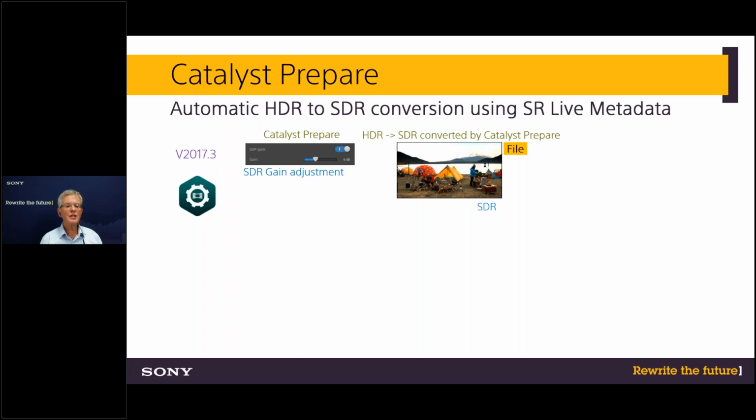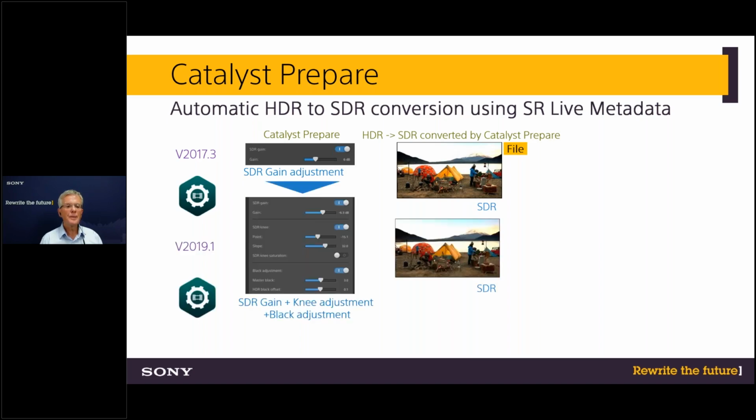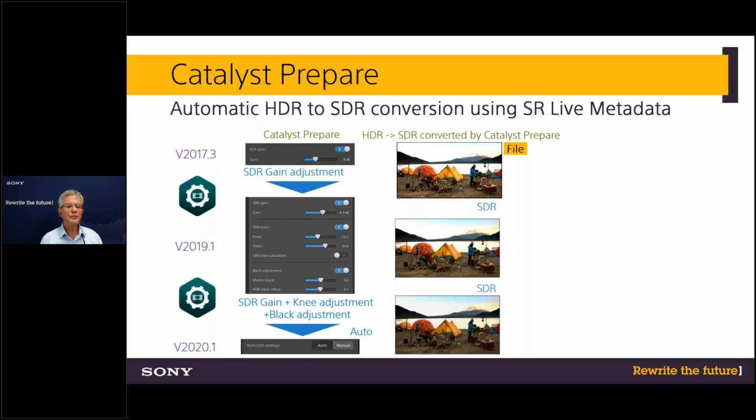In 2017, we had an SDR gain adjustment, where the SDR derived image is represented here. Later in 2019, we added SDR gain, knee adjustments, and black adjustments for a more accurate reproduction of the SDR image when converting from the HDR of the camcorders.